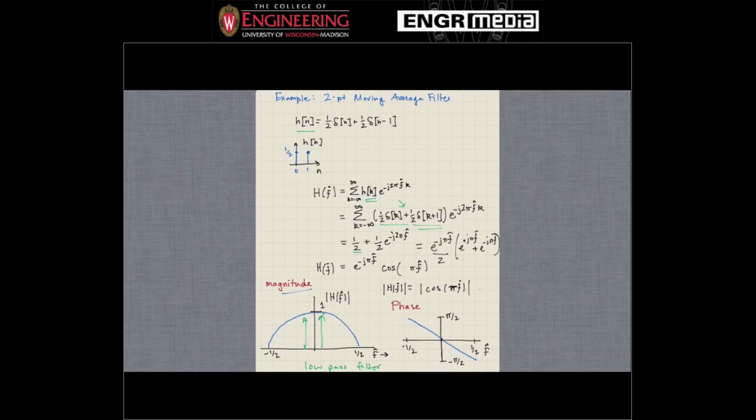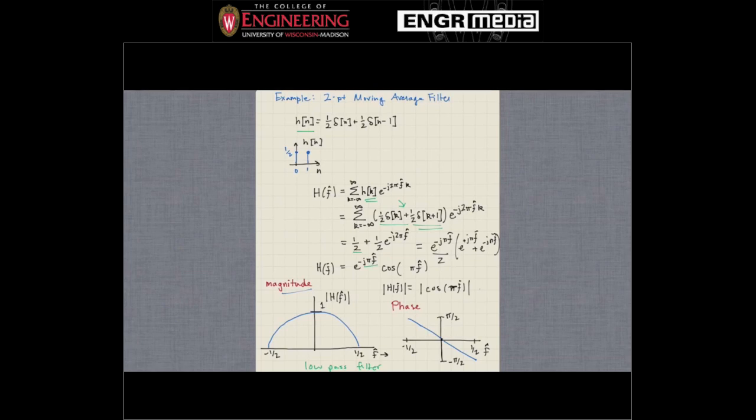So again, what does this plot tell us? This tells us, when we input sinusoids, how those sinusoids get scaled when they come out of the LTI filter. And then, of course, we can also plot the phase. The phase just comes from what's written there.